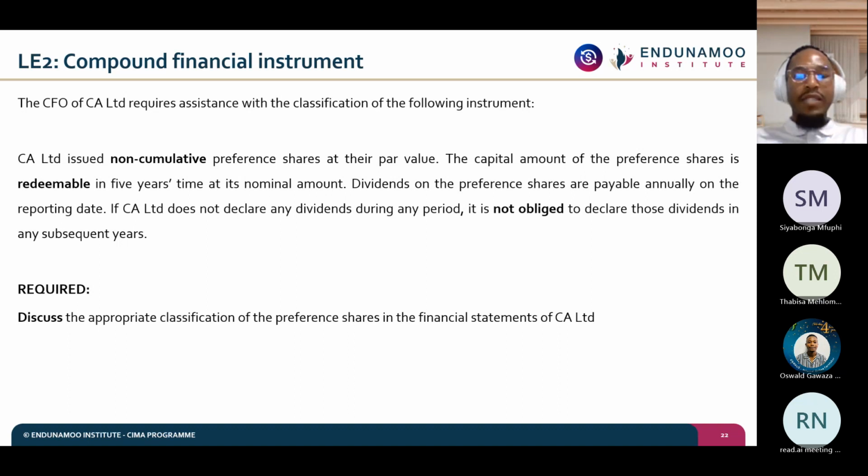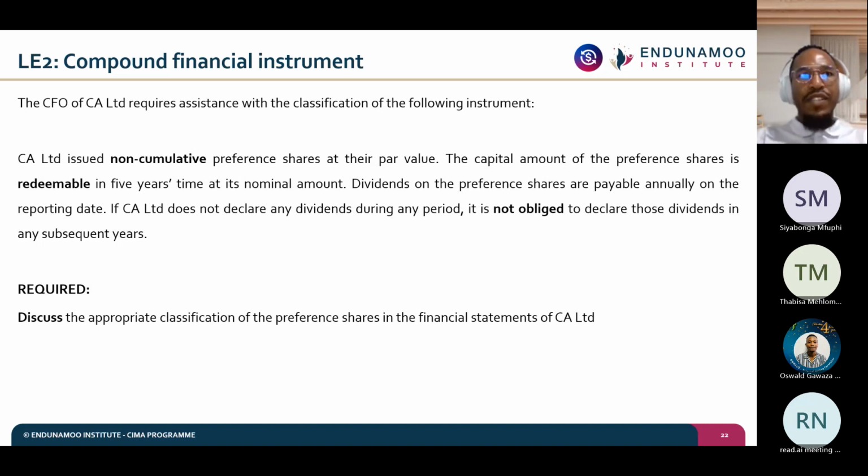What this means is that the entity, CA Limited, is not obligated to issue distributions every year. And in instances where it doesn't pay these distributions, it's not required to accumulate these distributions and ultimately pay them. So they are non-cumulative preference shares.